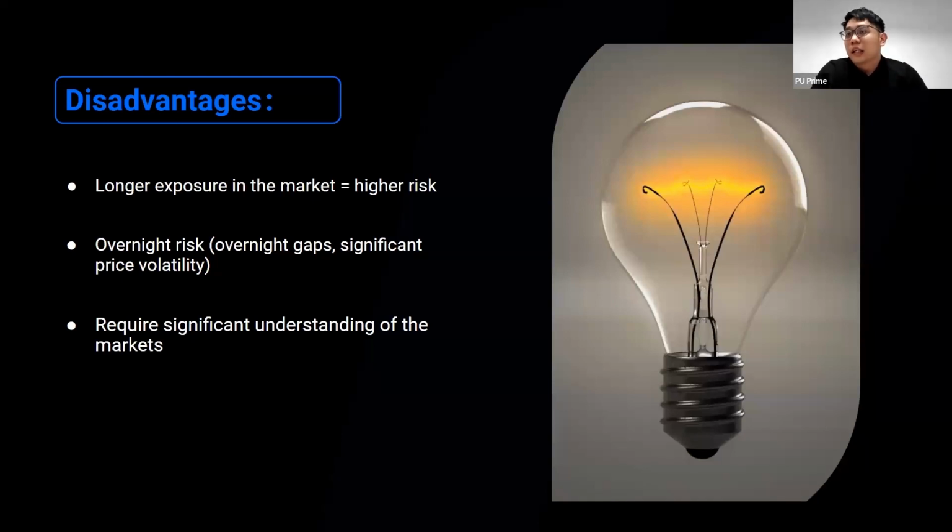And thirdly, this is not for everyone, unless you learn how to trade and equip yourself well. You have to have extensive knowledge of the financial market, so it requires you to have a significant understanding of the market.